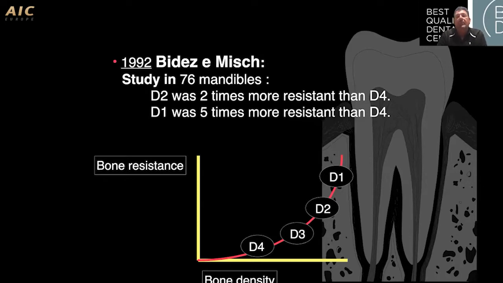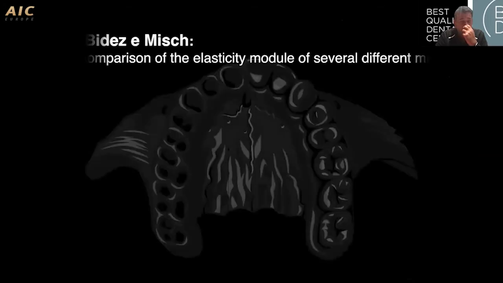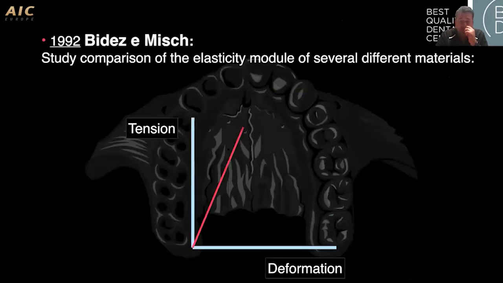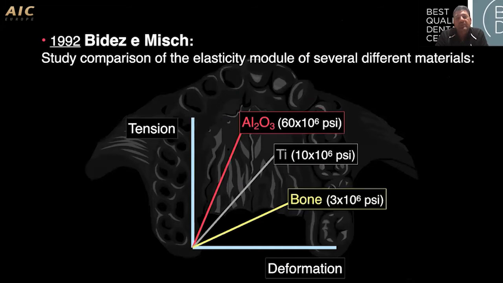We are talking about the under-drilling technique, or in some kinds of bones, for instance the D1 type of bone, we have to use all-way drilling. So it's very important to know what kind of bone we are talking about. Another important thing is the consideration of the elasticity model of the bone and some materials, for instance.